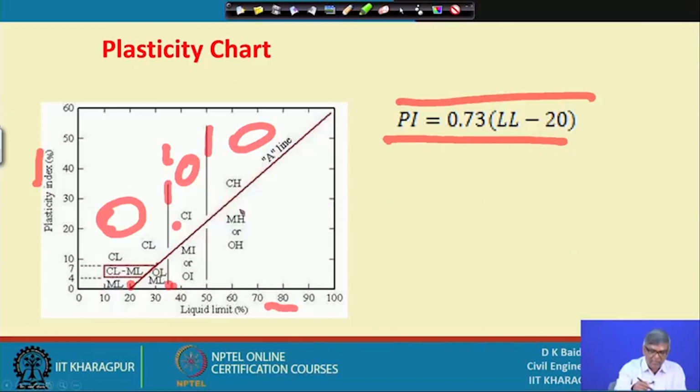Similarly, if the point comes below this line, again depending on which zone it is in, the soil will be classified as silt with low plasticity, intermediate plasticity or high plasticity. So, the way we classified granular soil is by plotting the grain size distribution, doing calculation and naming the soil.